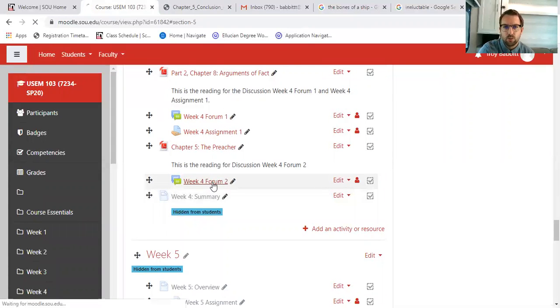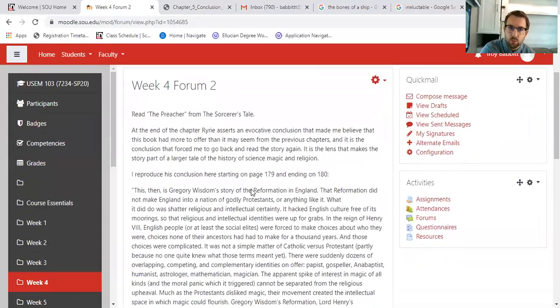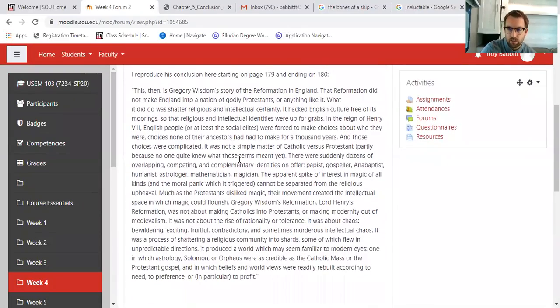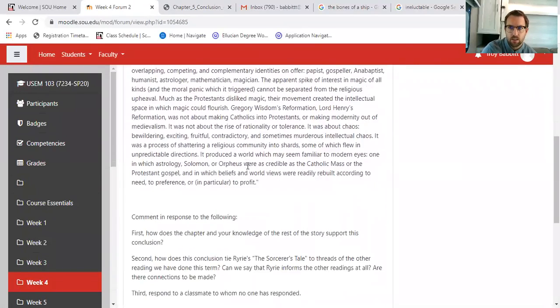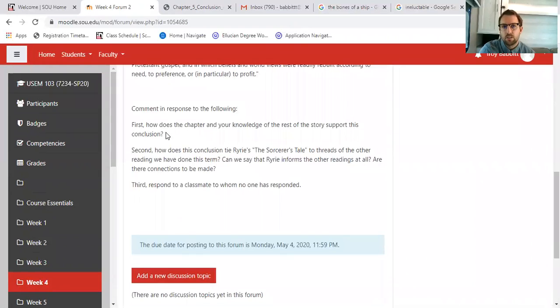So when you are writing and responding in Forum 2, here is the paragraph in its entirety in the assignment post. And then I ask you just to say, how does this chapter and your knowledge of the rest of the story support this conclusion? So we're zeroing in on this conclusion. Why do you think Ryrie can make this conclusion? Do you think it's a fair conclusion based on what we know about the rest of the book?